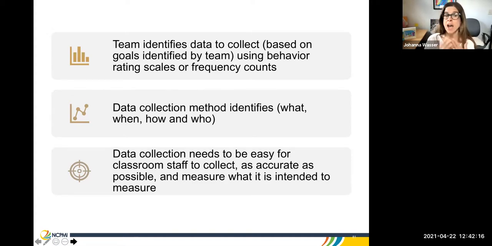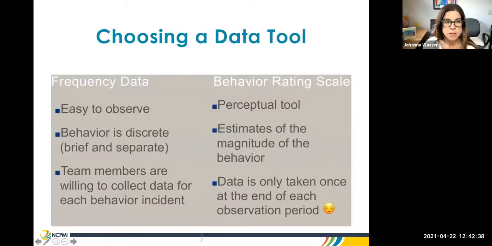Or, oh, only I collect data because I'm the lead teacher, or I'm the early childhood special educator. But really, we want everyone to be able to feel comfortable to collect data, because then we're getting multiple eyes on the behavior.